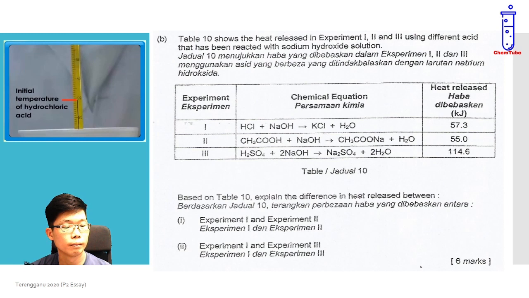The initial temperature of the solution is measured with a thermometer. Record the reading. Calculate the average temperature of both solutions.